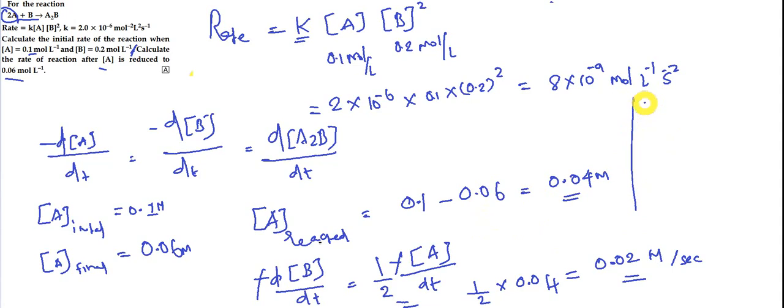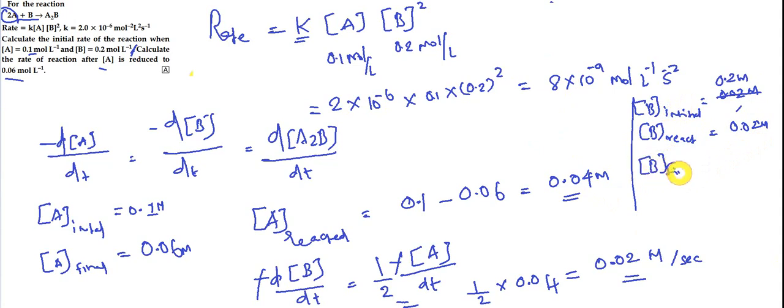That is the concentration of B initial, that is what they had given here, 0.2 M. The concentration of B reacted, what we found, 0.02 M. So we can calculate the B final from 0.2 minus 0.02, so that is equal to 0.18 molar. Right? So we got the B final here.